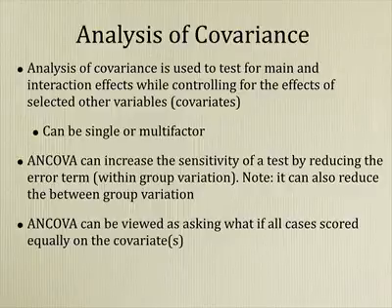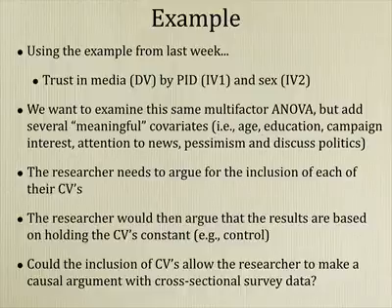As a motivating example from last week, remember the DV was how much people trusted the media. One of the independent variables was political party identification: are you a Democrat, Independent, or Republican? And the other independent variable was male or female. We could examine this same data, and in fact we will, with several meaningful covariates, meaning that theory or past research would suggest their inclusion.